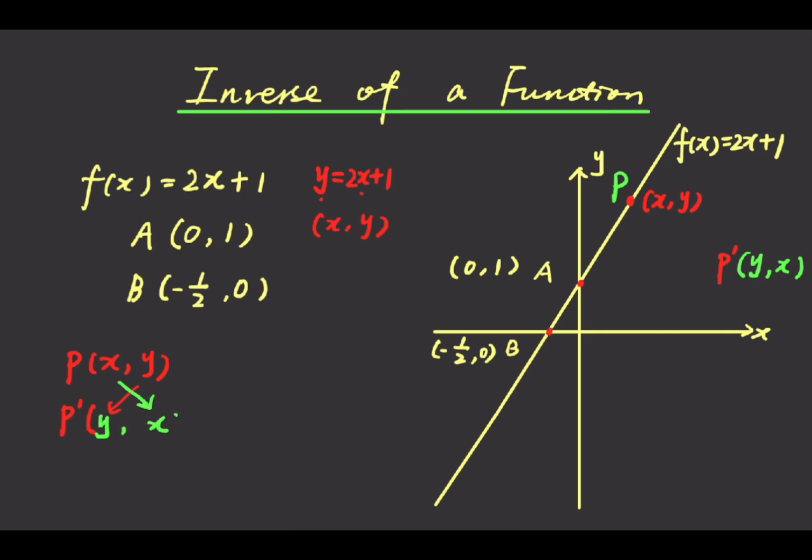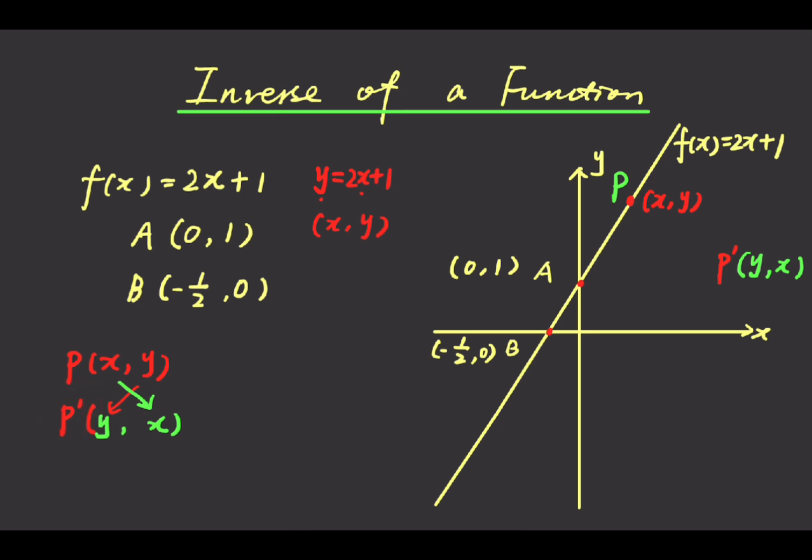the x. Okay, now you just need to understand this x as a value, as a specific number, this y as a value, a specific number. So this is a number representing the x coordinate of this point. This is a value representing the y coordinate of this point P prime.